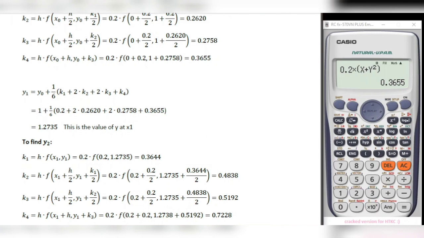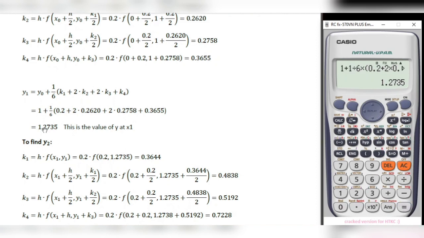Just take this as it is, 1 plus 1 by 6 into bracket open 0.2 plus 2 into 0.262 plus 2 into 0.2758 plus 0.3655 bracket close.